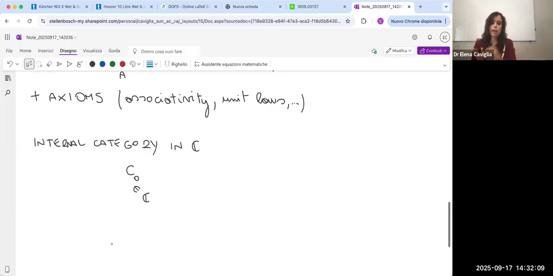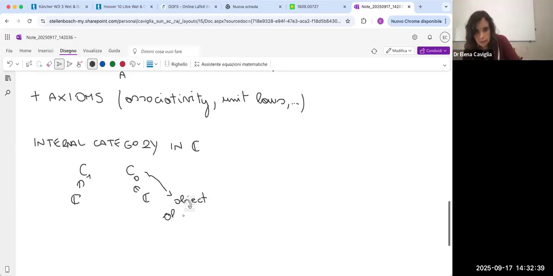And now we need the objects, but we also need arrows. So we will also have an object of arrows. So we have another object of C, C1, that represents arrows. C0 is called the object of objects, and C1 is called the object of arrows.